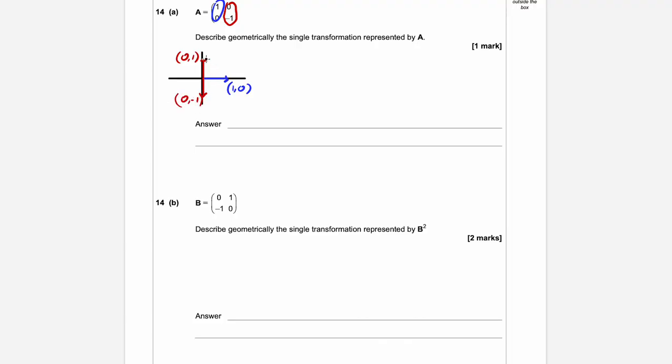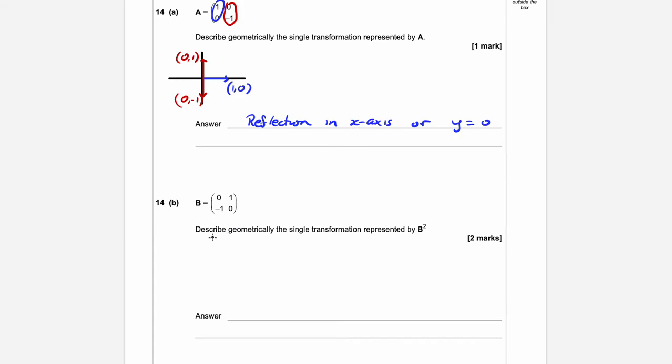Now, if he stays the same and he just flips down to here, what is it? Well, it's a reflection in the x-axis, or y equals 0, whichever way you want to call it. But you get full marks for x-axis, guys, so just stick with that.